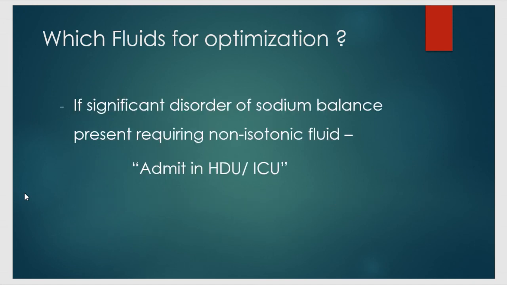If any patient is presenting with disorientation, altered sensorium, and we suspect a significant disorder of sodium balance, right? And if that patient requires a non-isotonic fluid supplementation like hypertonic saline, we must admit that patient in the intensive care unit or HDU. Please remember this.